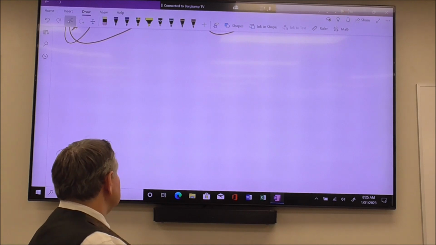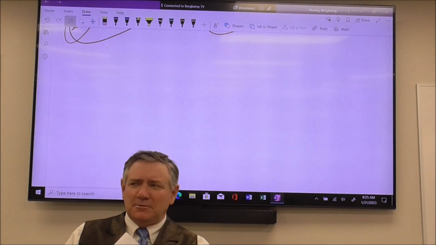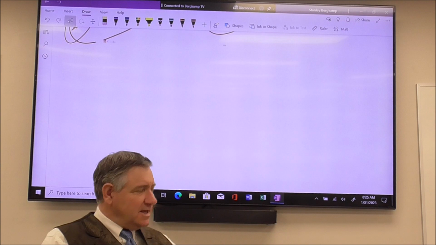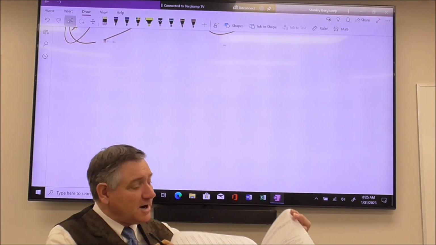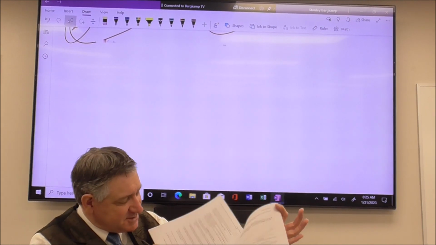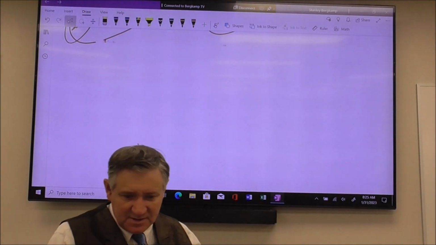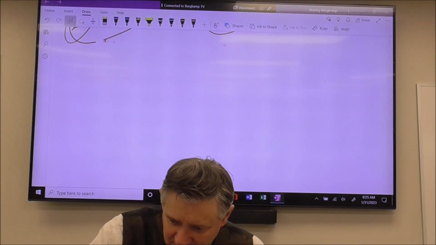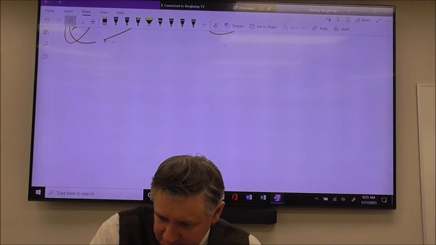I'll draw slow. Okay, so here on page 3, you've got this graph that looks like this.